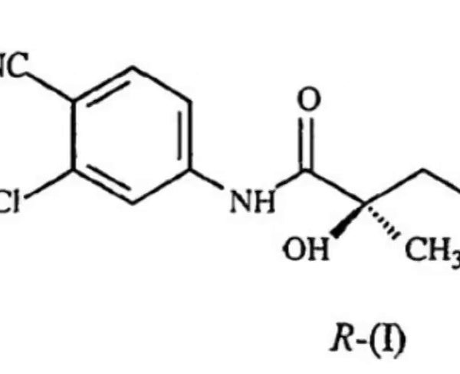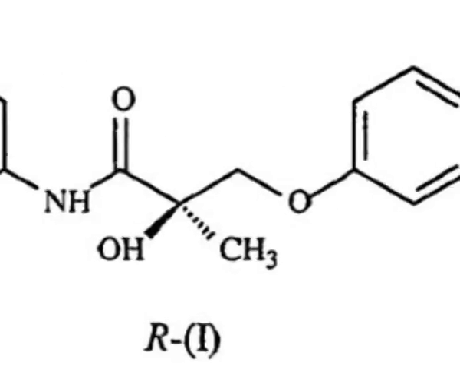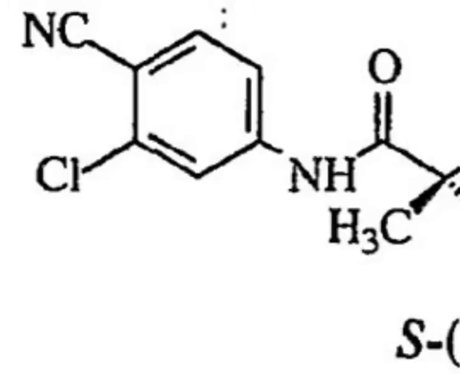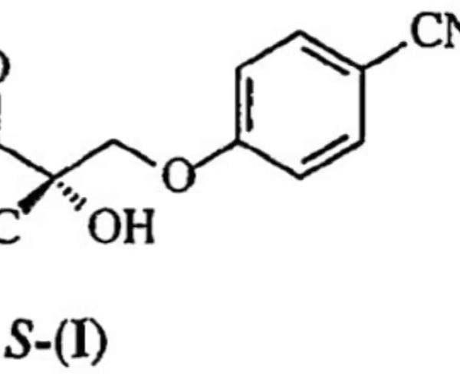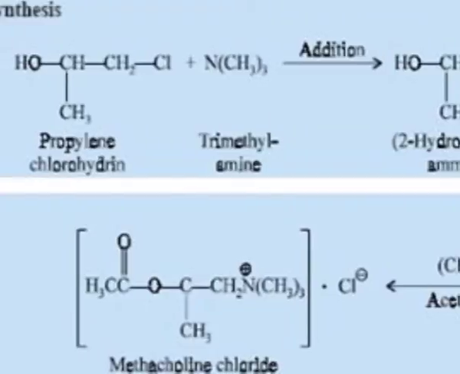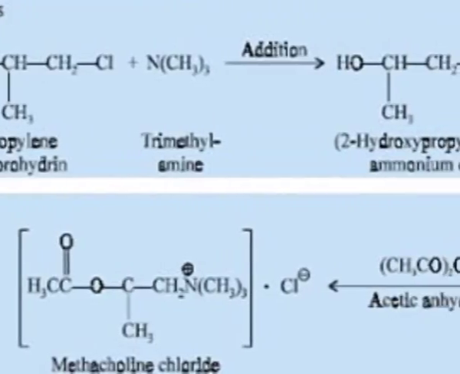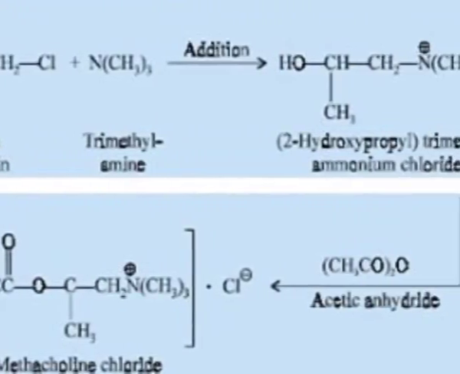Although methacholine can exist in nature as both R and S isomer forms, the pharmacologic activity resides in the S isomer. The ratio of potency of S to R isomer was found to be 240:1. Methacholine chloride may be prepared by the addition of propylene chlorohydrin to trimethylamine, which on acetylation with acetic anhydride yields the official compound.